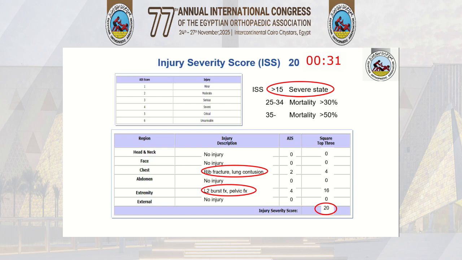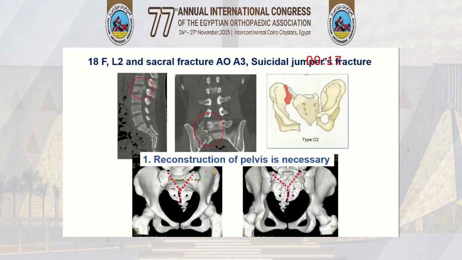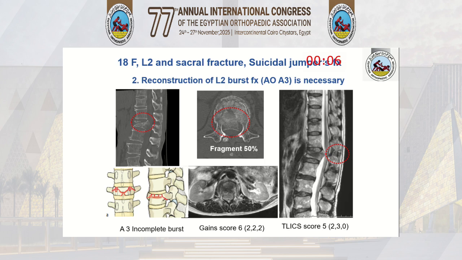And of course, rib fracture. So according to the indication, this is a TLICS score of more than 5. And if you look at this, for a trauma patient, understand this is a candidate for surgery. Reconstruction of the pelvic ring is necessary.